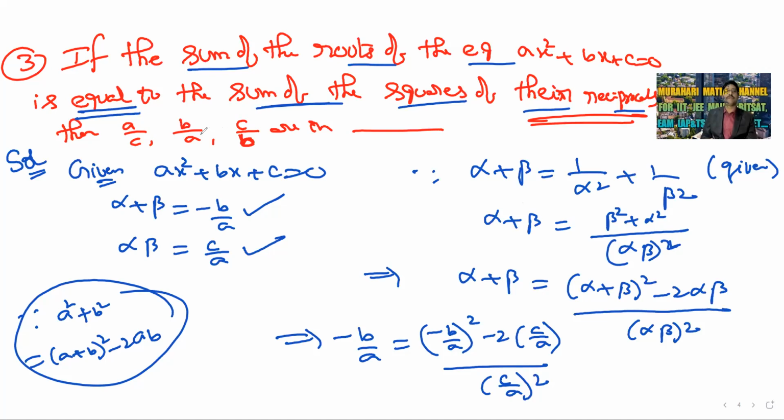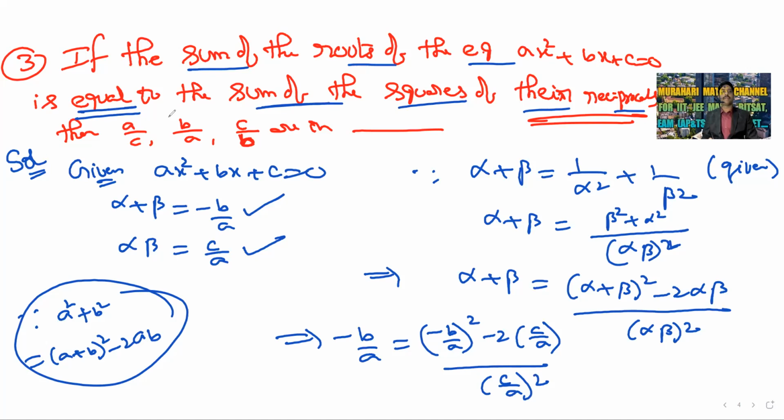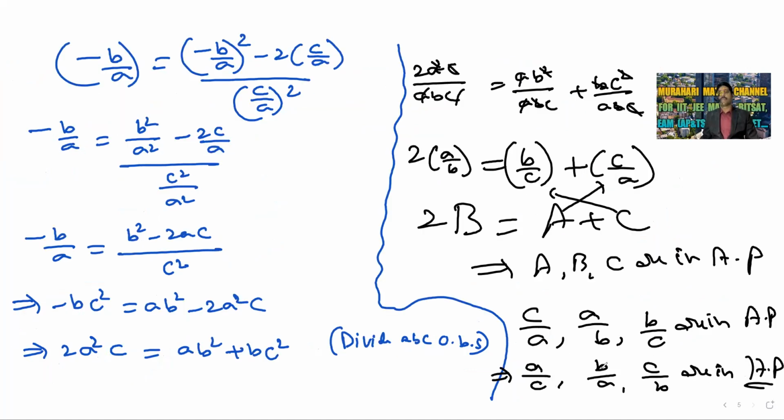A by C, B by A, C by B. The reciprocal of an AP is an HP. That implies A by C, B by A, C by B are in HP. So what is the answer? Harmonic progression. So what is required? A by C, B by A, C by B are in HP.